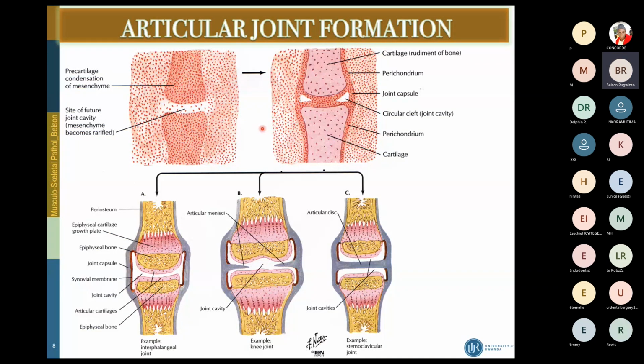For the articular joint formation, you know that a joint is between two bones, and this allows smooth movements between the two bones, to allow flexion or extension or abduction or adduction of our limbs and so on. So we need this joint to be free. We have ligaments, tendons around, and then here we have a joint space which has a fluid in small amounts, which allows the lubrication of the bones.